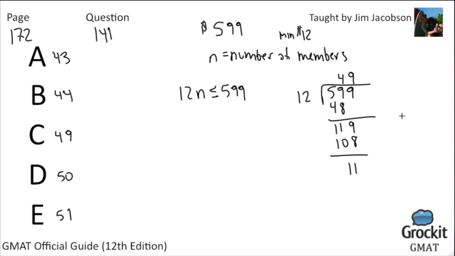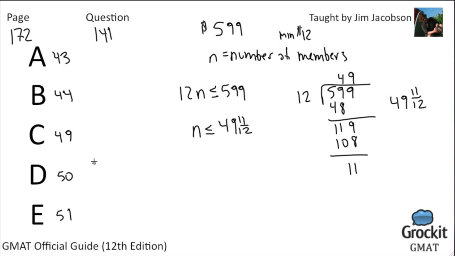So the $599 divided by 12 gives us 49 and 11/12. So then we know N is less than or equal to 49 and 11/12.